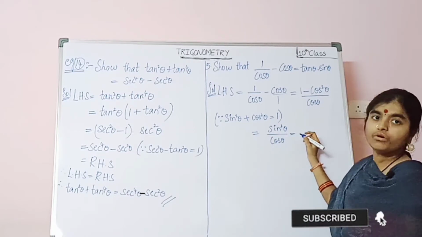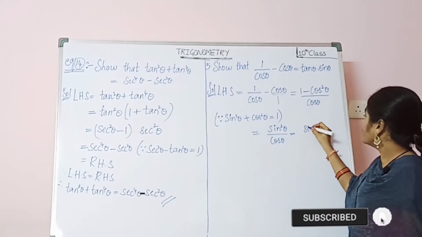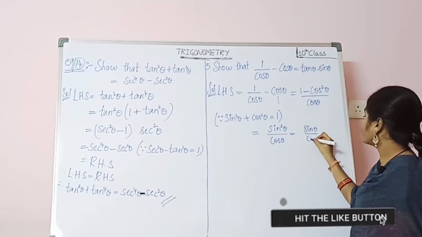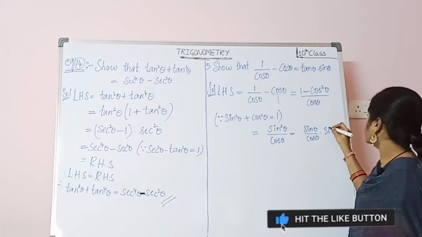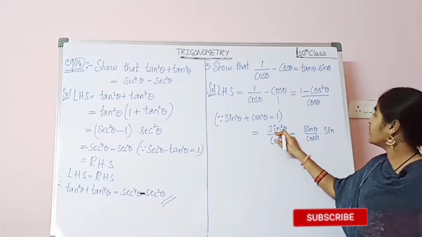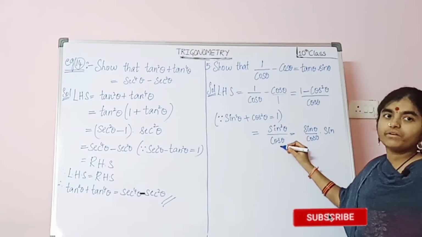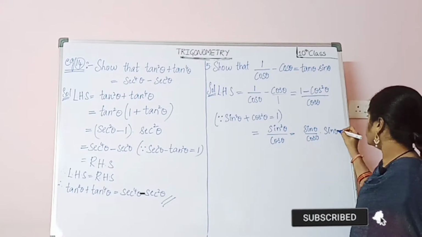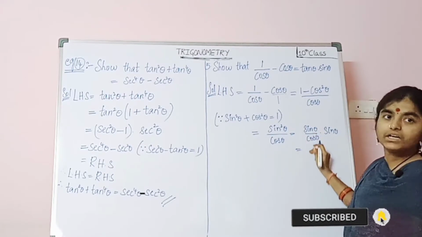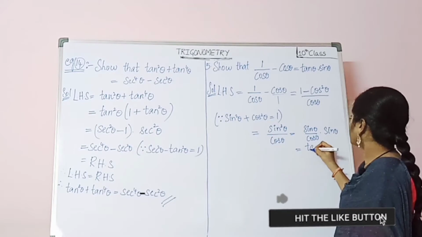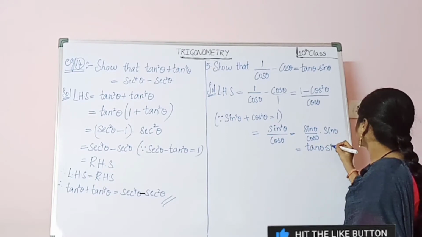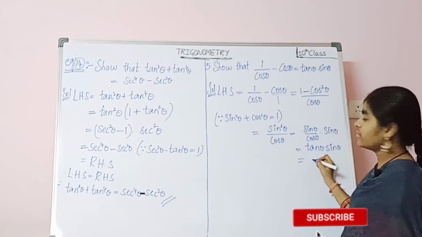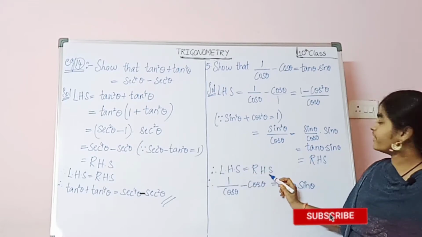That equals sin theta by cos theta into sin theta, we are separating sin square theta. Sin theta by cos theta means tan theta, into sin theta as it is. This is RHS. Therefore, LHS equals RHS.